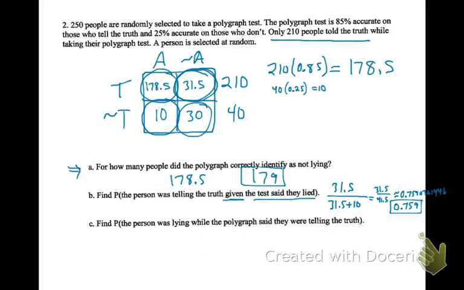So let's look at part C again. Person was lying while they were telling the truth. That actually is conditional probability. Okay. Alright, so let's look at this. It's going to be while the polygraph said that they're telling the truth, which is the 178.5 added to the 30.